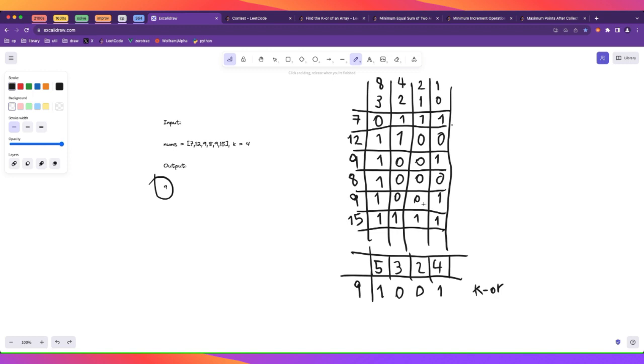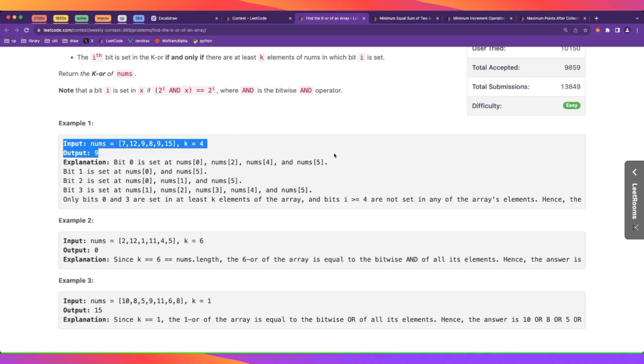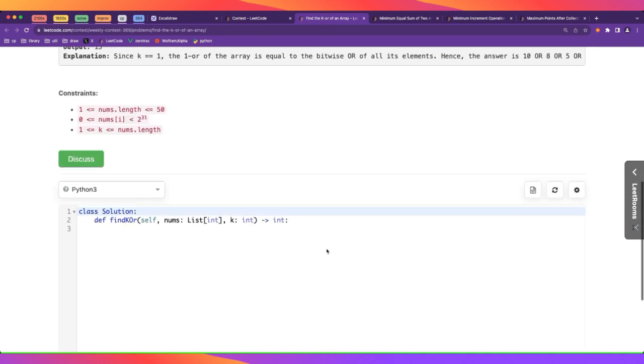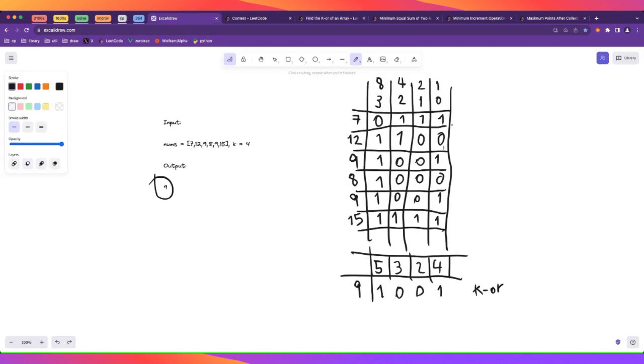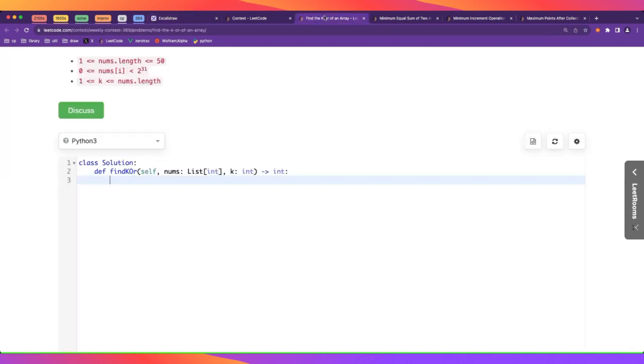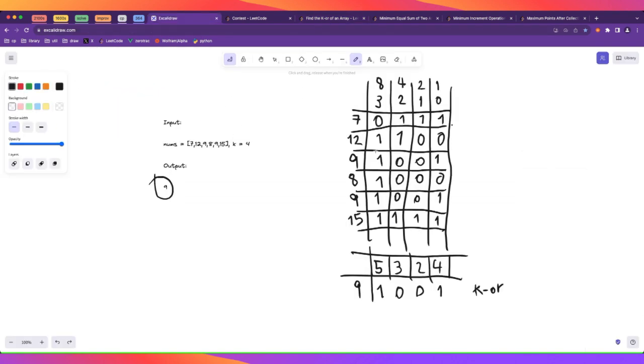So now we need to know the bitwise operations to do what we did. In this case, the numbers are less than 2 to the 31, right? Here we had numbers that were less than 2 to the 4, which is 16.